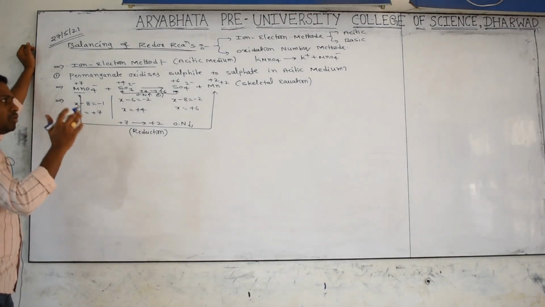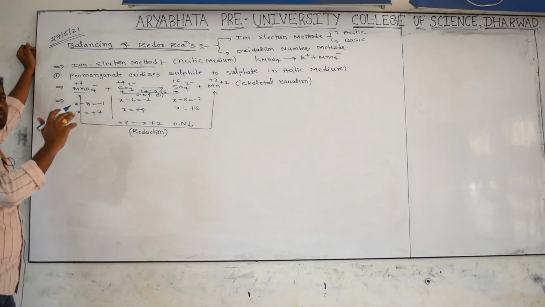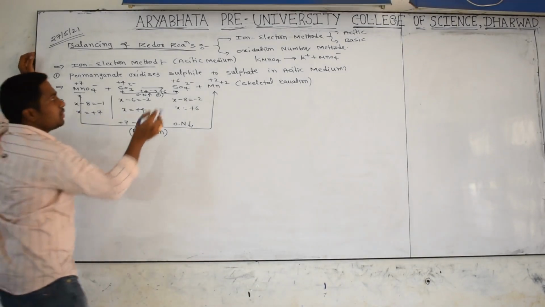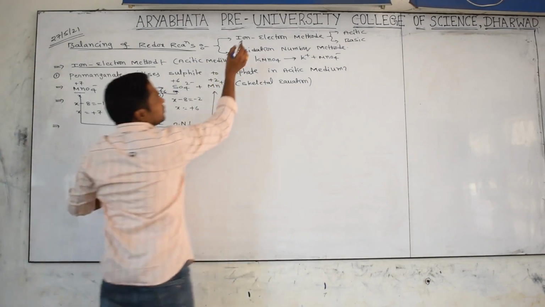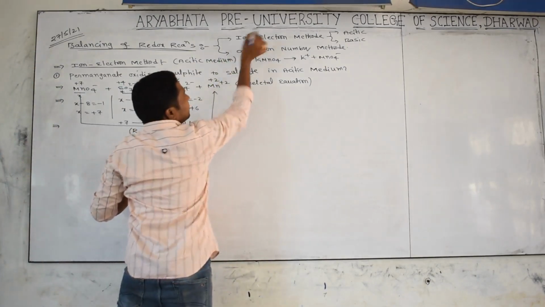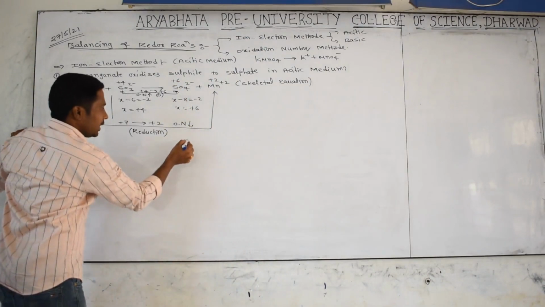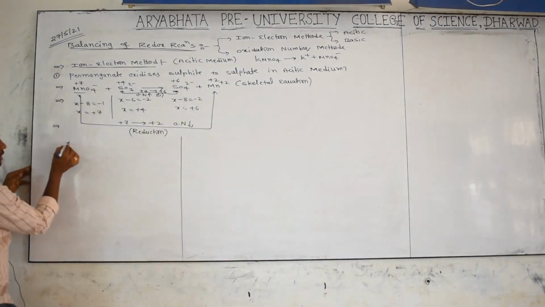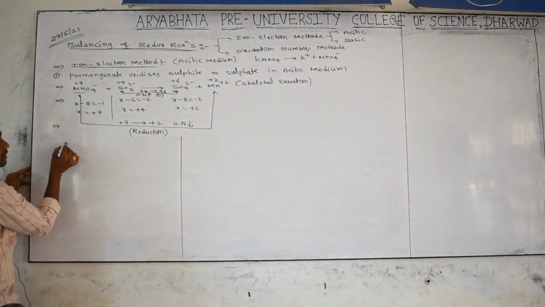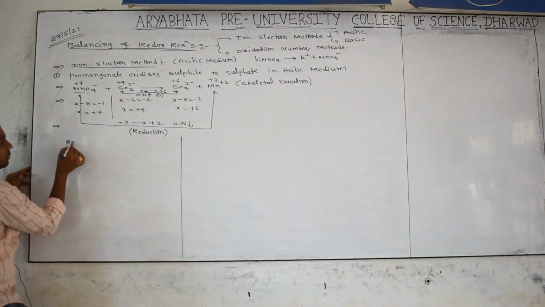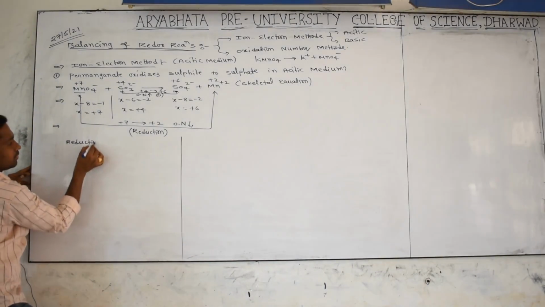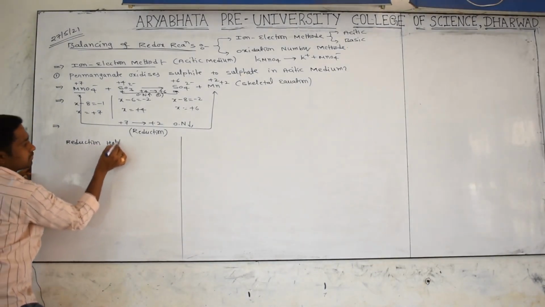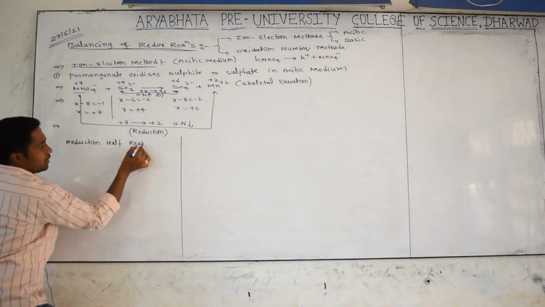Now the whole equation is divided into two half parts. That is why the ion electron method is also called the half reaction method. I will divide this into two parts. First, write the reduction half reaction, and another one, the oxidation half reaction.